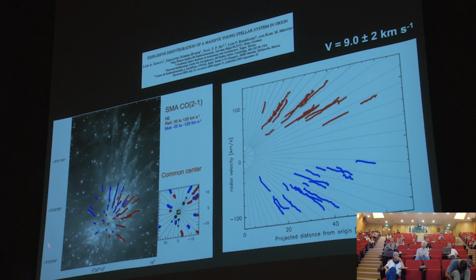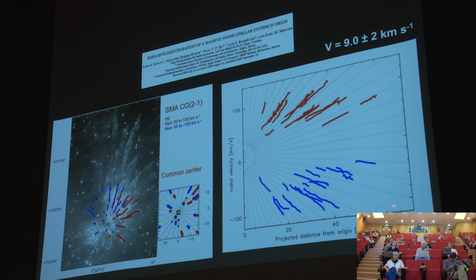Here is the result from the SMA. You can see the CO in blue and red color, that is blueshifted and redshifted emission. There are many filaments in different directions. If you plot these filaments in the PV diagram, you can see the projected distance and here the radial velocity.